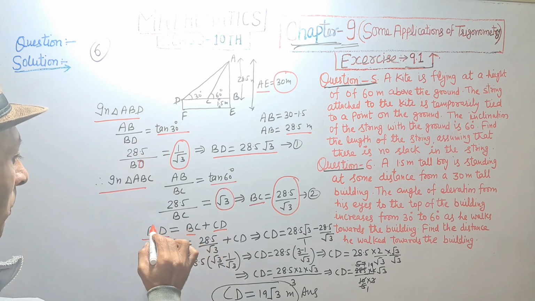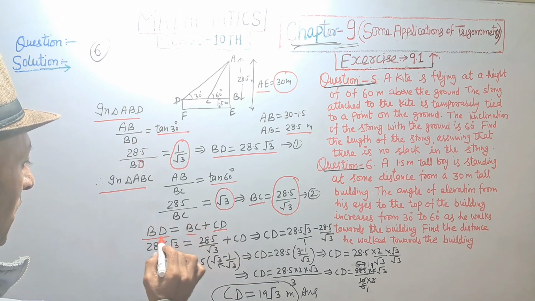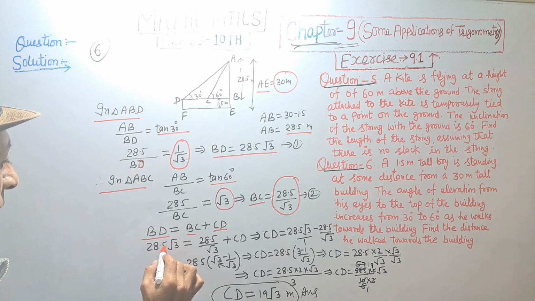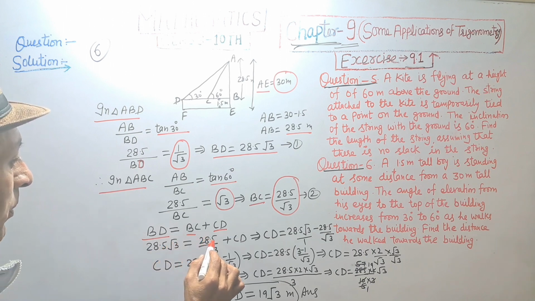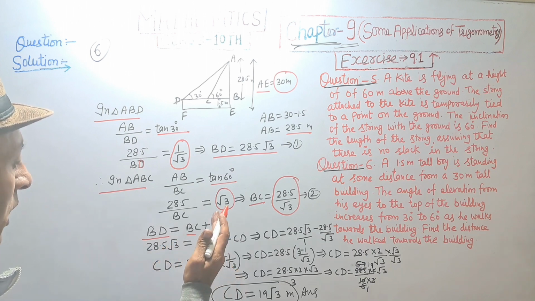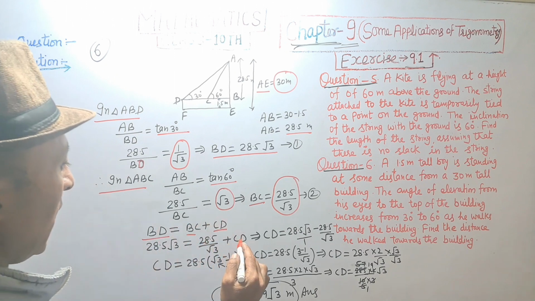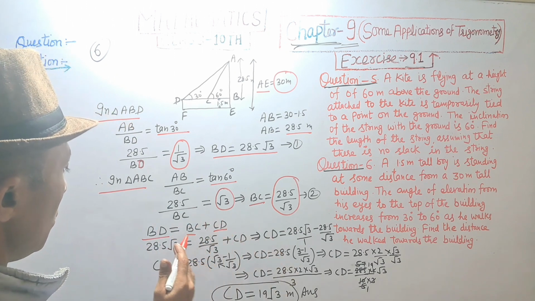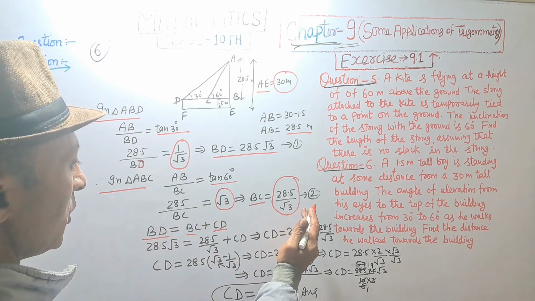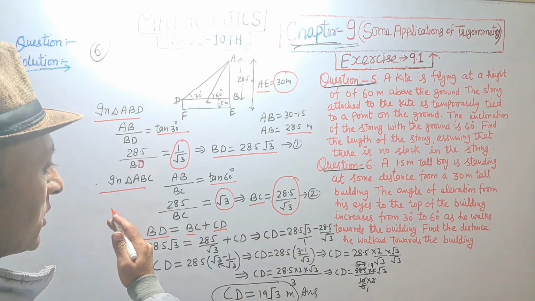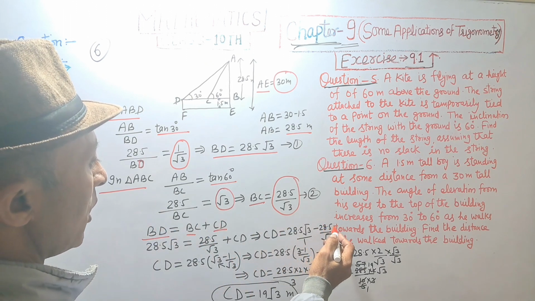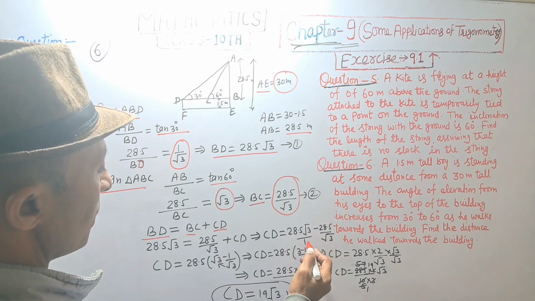Putting the value of BD and BC in this, we get 28.5 root 3 equal to 28.5 divided by root 3 plus CD. We are shifting to the left side, and CD is equal to 28.5 root 3 minus 28.5 divided by root 3.